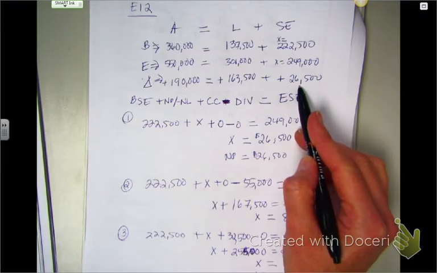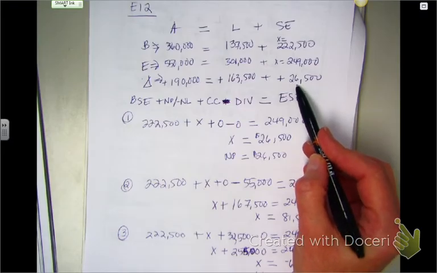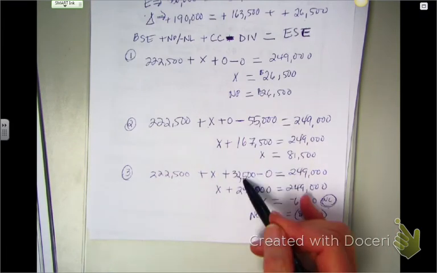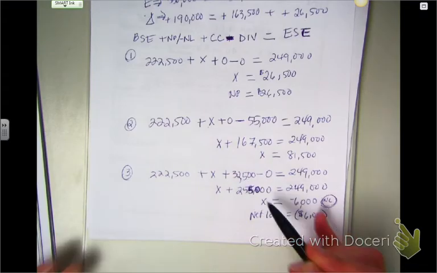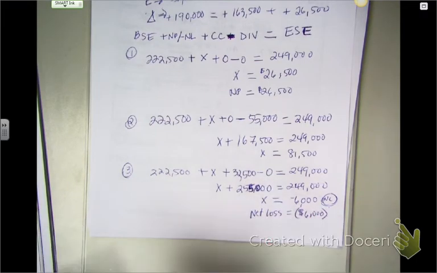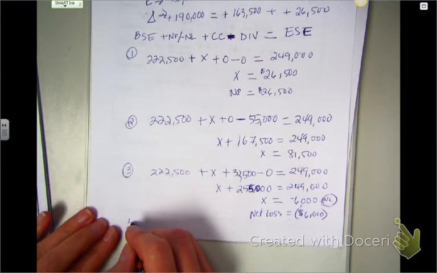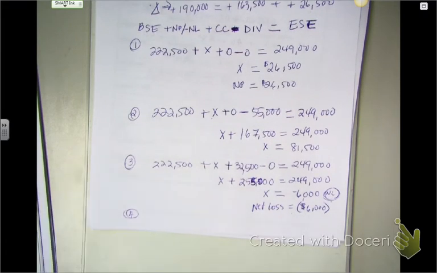Their stockholders' equity only increased by $26,000, and the owners invested more than $26,000. So they generated a loss. So some of what the owners invested was used up by the loss. Okay? So that's what happened here. They generated a loss. Very good. All right. Well, not good, but.